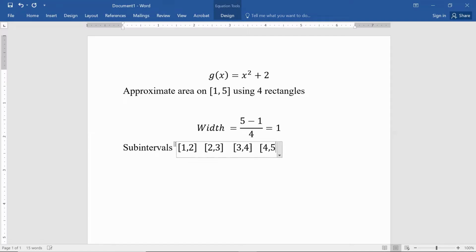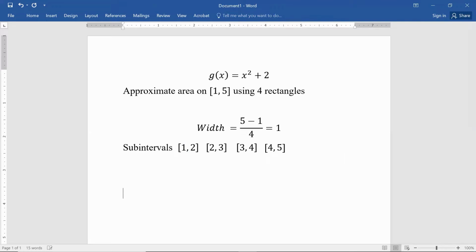And the fourth subinterval goes from 4 to 5. Each of these subintervals determines each individual rectangle. So one rectangle is from 1 to 2, the other is from 2 to 3, another is from 3 to 4, and another is from 4 to 5.